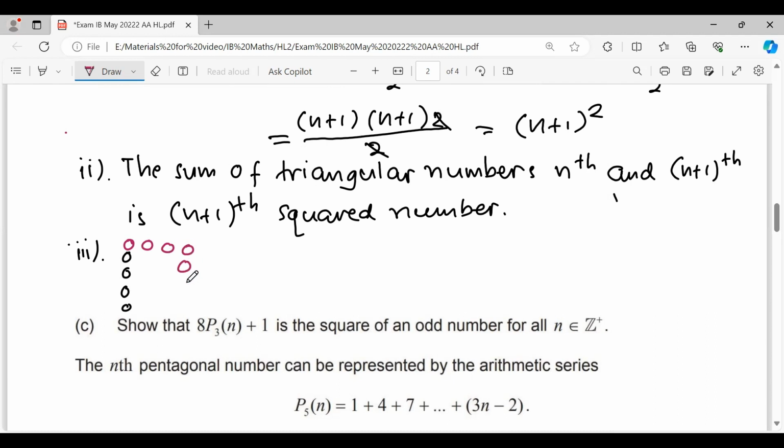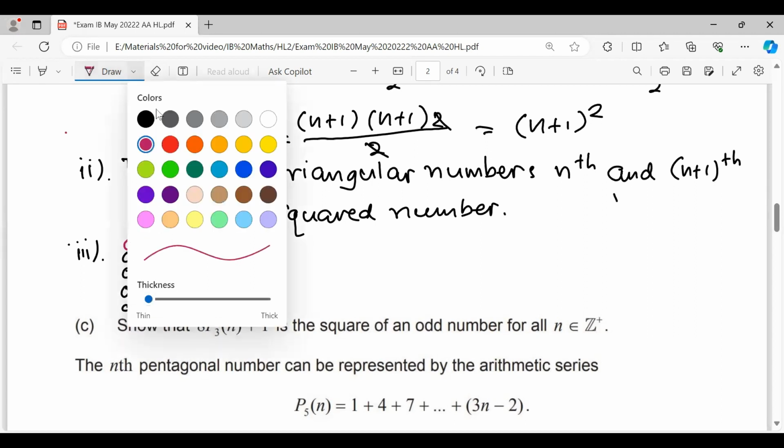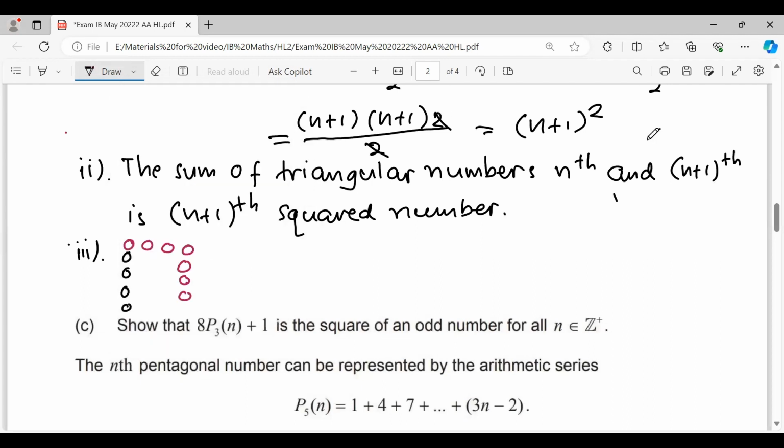1, 2, okay, 1, 2, 3, 4, and 1, 2, 1, 2, 3, 4 as well.